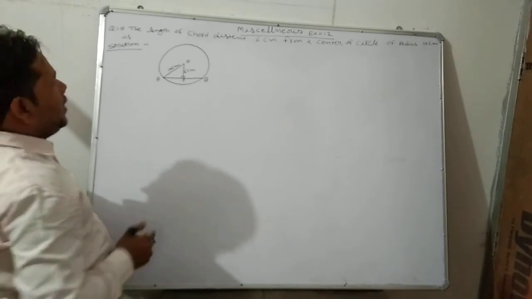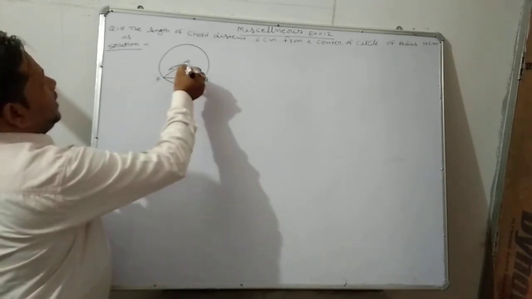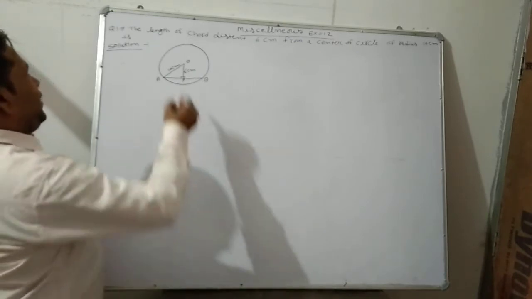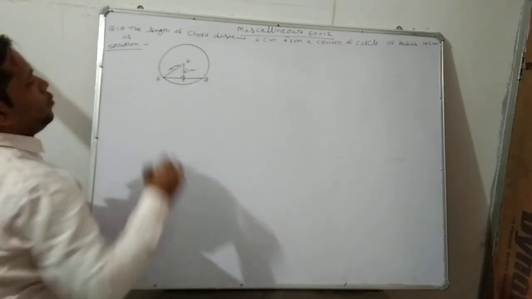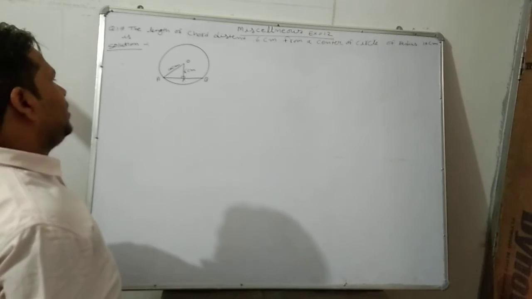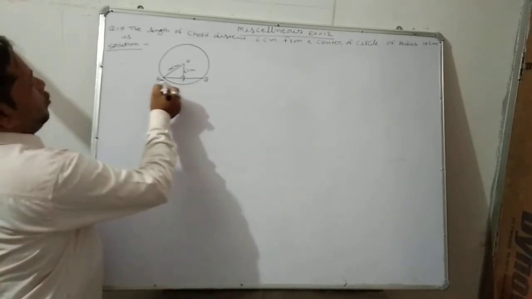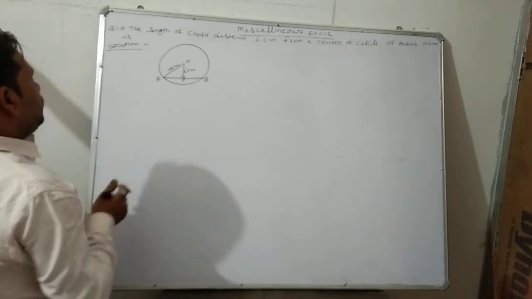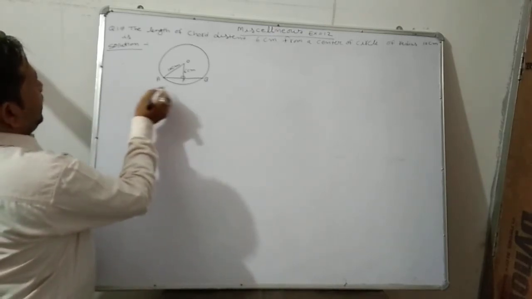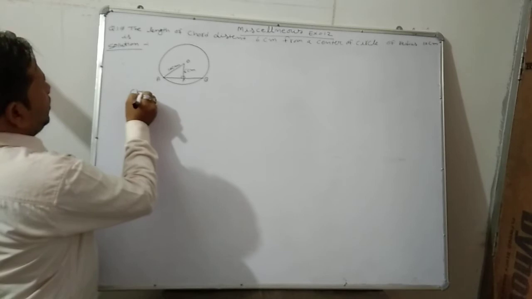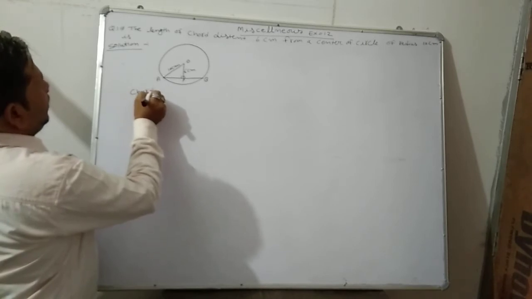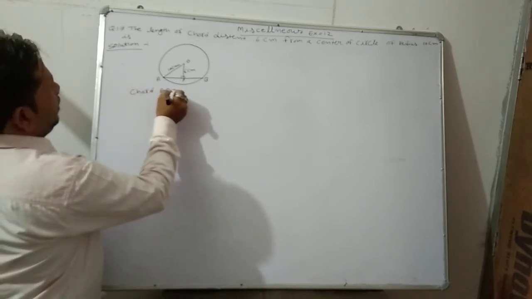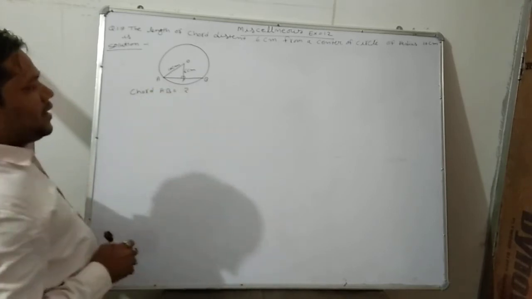In right angle triangle OAP we can find AP according to the Pythagoras theorem. Chord AB is our target.